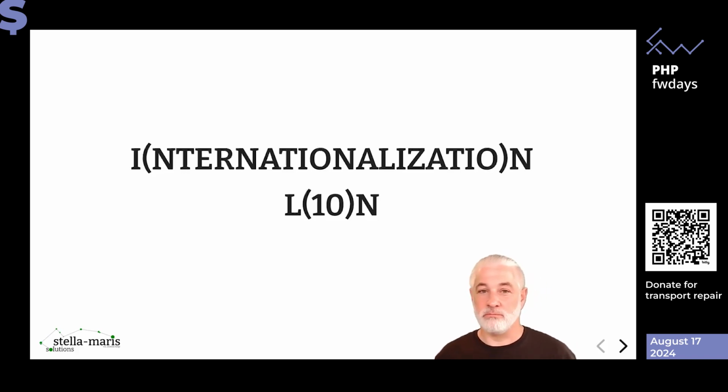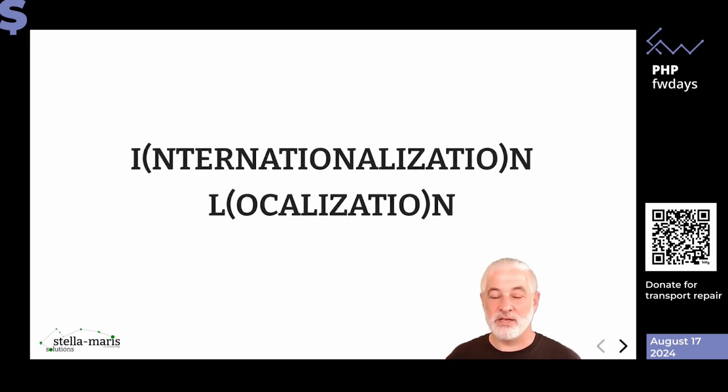Internationalization is kind of hard to say or to write especially, so we just abbreviate that with an I, then there are 18 letters, and then an N. And with l10n, it's the same: we just cut out 10 letters in between, and those 10 letters are localization. So we're talking about internationalization and localization.